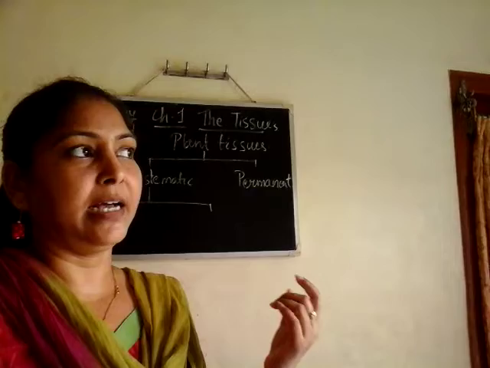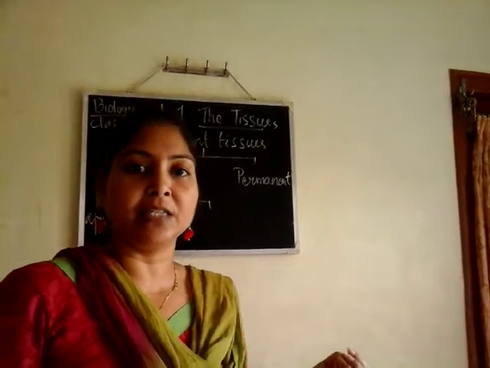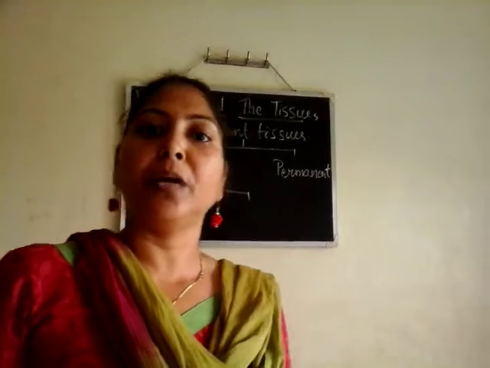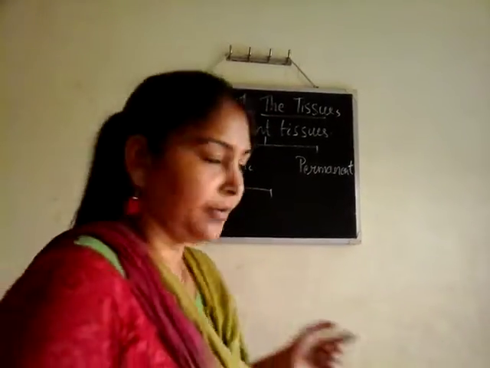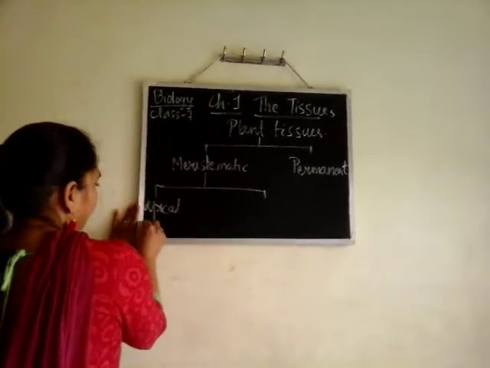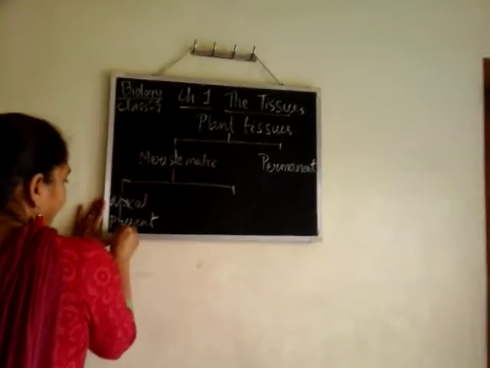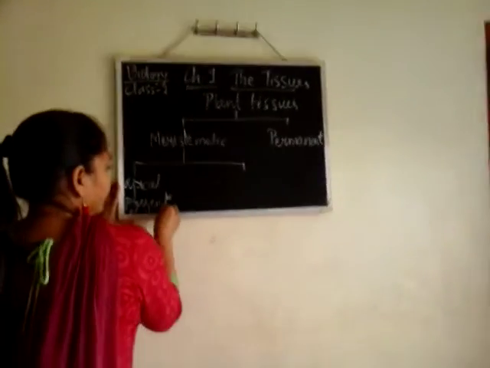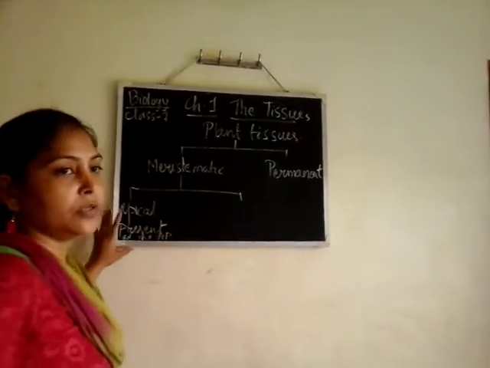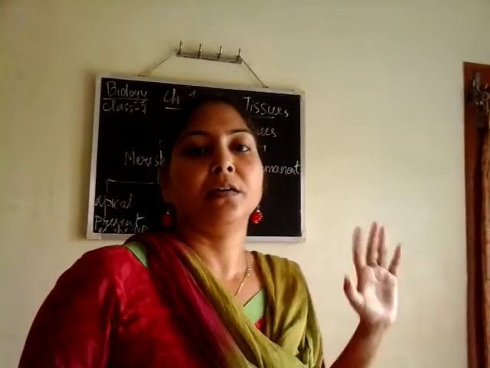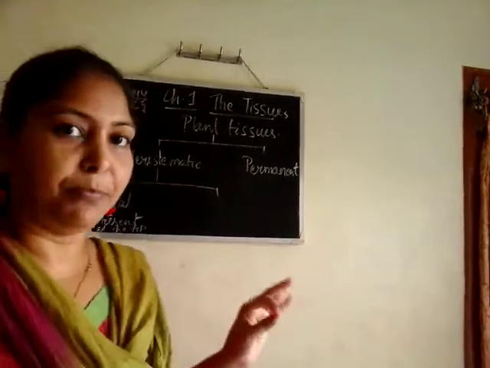Like for example, it will be present at the tip of the roots, at the tip of the stem, branches, etc. So, apical meristematic tissues will be present at the tip of the parts of the plant.